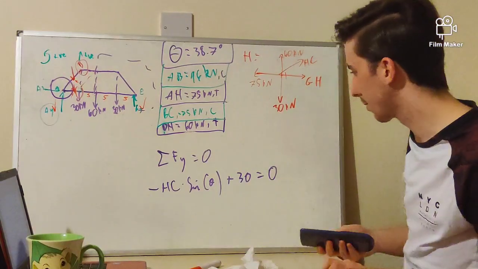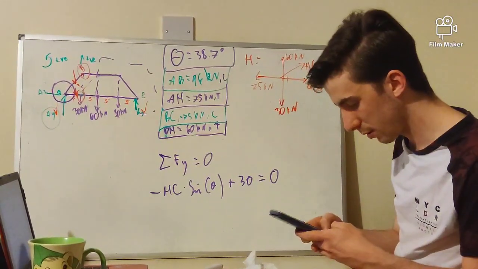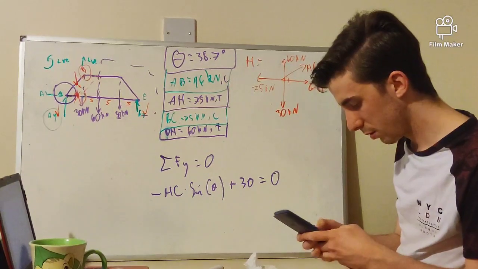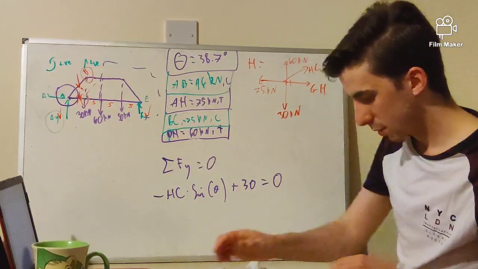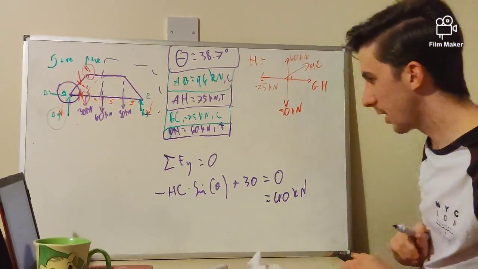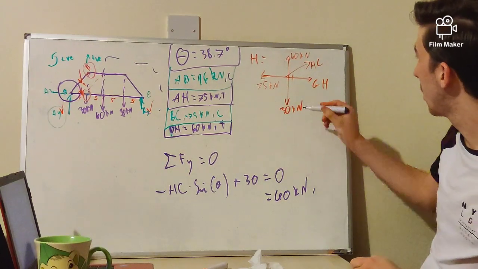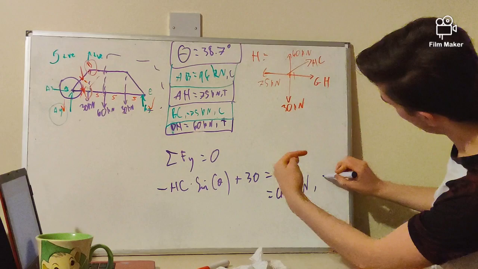So I can work that out. So that's going to be minus 30 divided by sine of that. Which is, I get 40 kilonewtons. I think that will be, because it's a truss, that will be in compression.